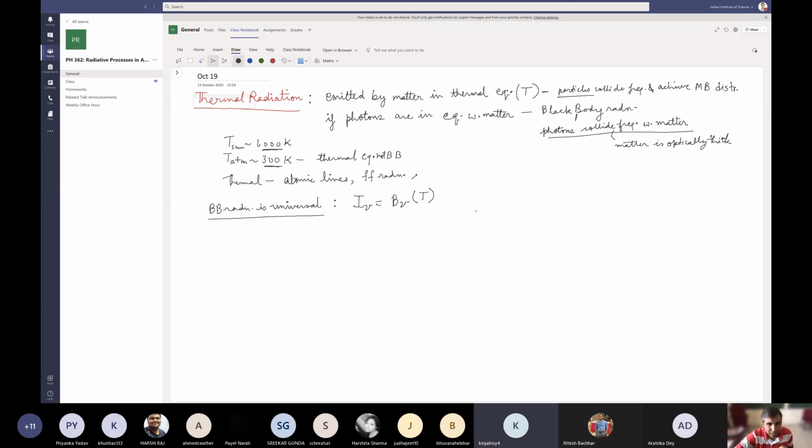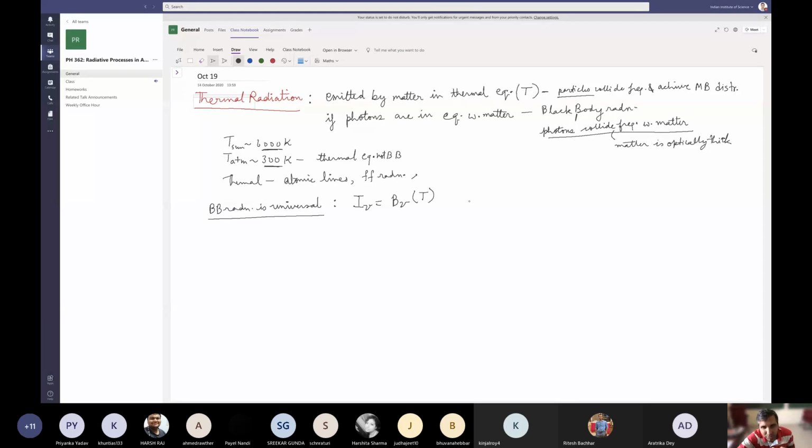Sir, this is Kinjal. One question. For example, sodium will have only particular frequencies, so there will be kind of a line spectrum. Yes, that's when it is a thermal spectrum. But even sodium gives a black body. If you have a huge collection of sodium and you ignore the atmosphere around that collection, it will be black body, like stars.